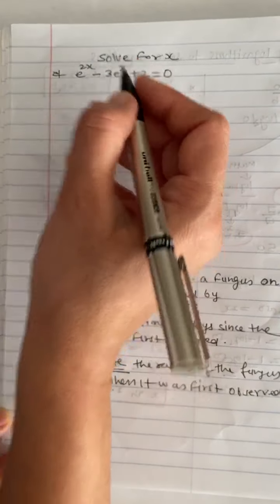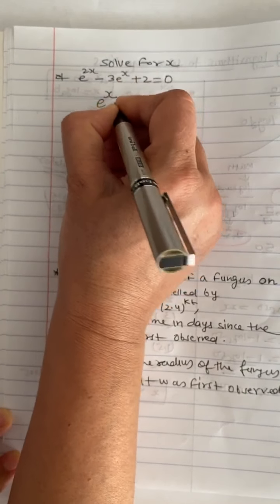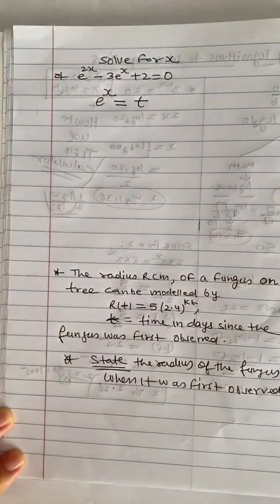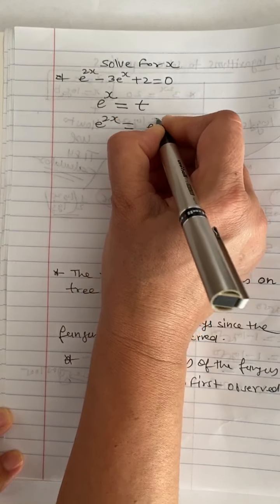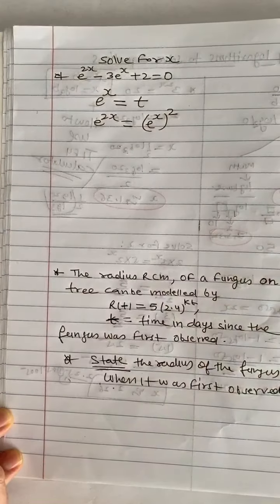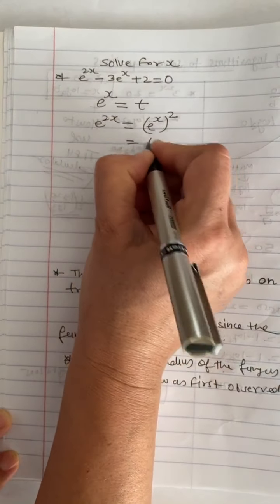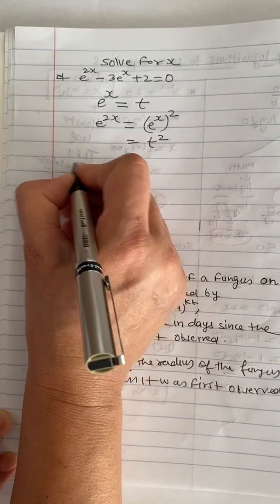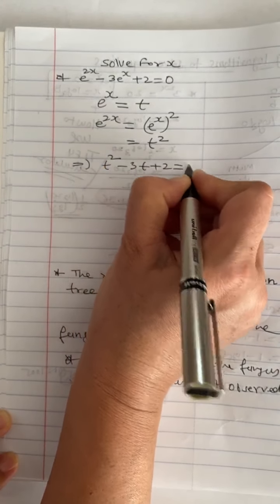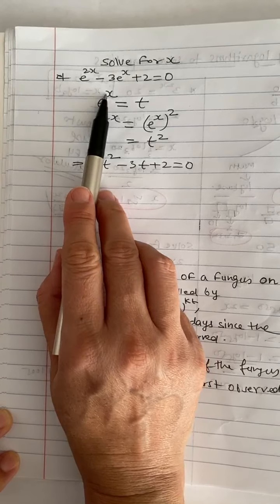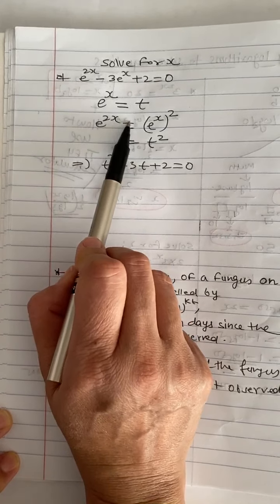For these kinds of questions, what you need to do is substitute e to the power of x as t, which means e to the power of 2x can be written as e to the power of x, whole squared. So this is t squared, which means the equation we have is t squared minus 3t plus 2 equal to 0. But remember that we are solving it for x, not for t.